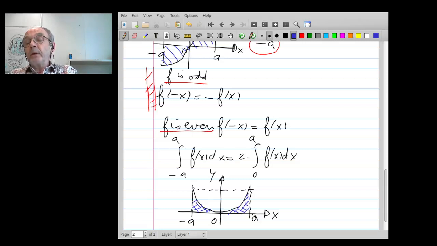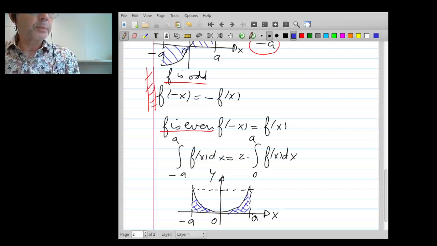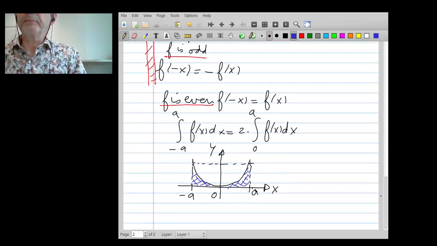So if you take 2 times this area on the right hand side, you will get the integral of the whole function. So the areas will be the same. But be careful again. I speak to you about areas, but maybe the function can also be negative, and then you cannot speak about an area anymore because you are speaking about negative values.